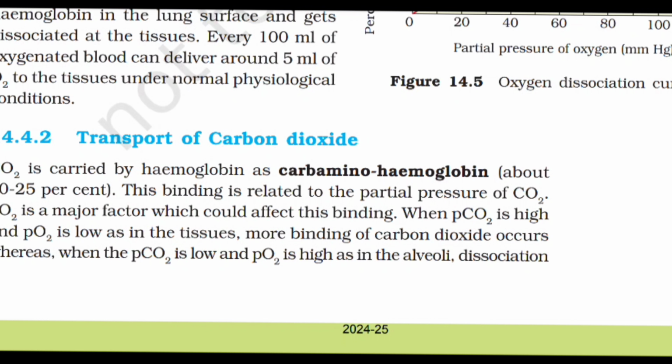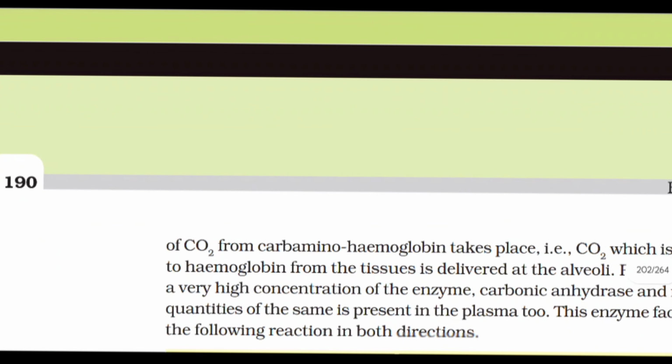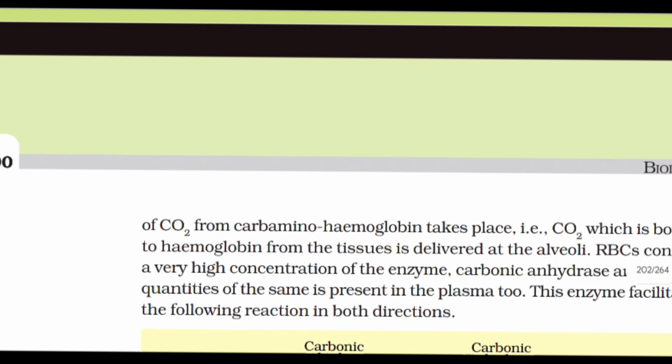When partial pressure of CO2 is high and partial pressure of O2 is low, as in the tissues, more binding of carbon dioxide occurs, whereas when the partial pressure of CO2 is low and partial pressure of O2 is high, as in the alveoli, dissociation of carbon dioxide from carbaminohemoglobin takes place. That is, carbon dioxide which is bound to hemoglobin from the tissues is delivered at the alveoli.